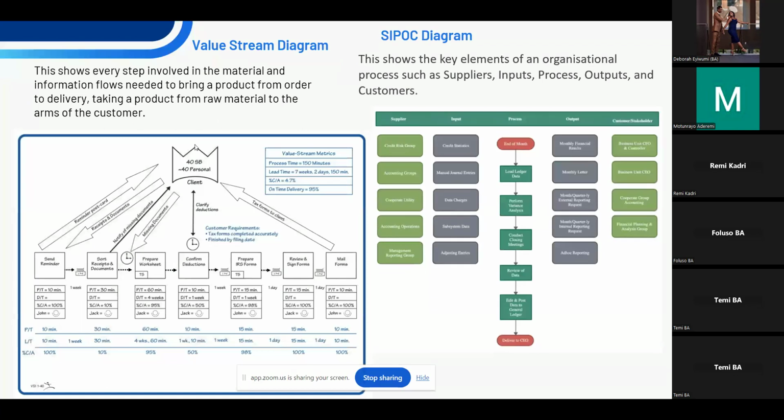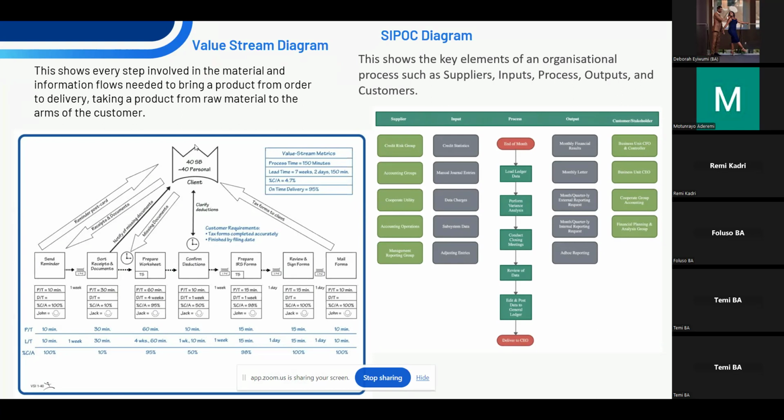So the value stream diagram is used by companies and organizations who just want to map out every single step in how to take a product from creation to the arm of a customer.